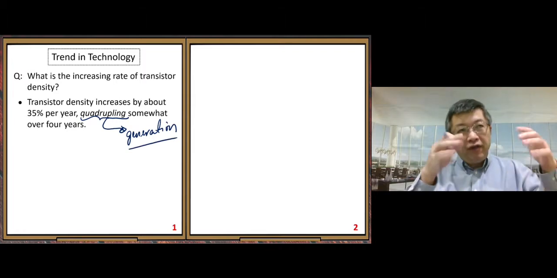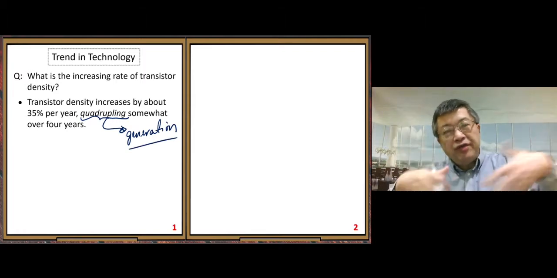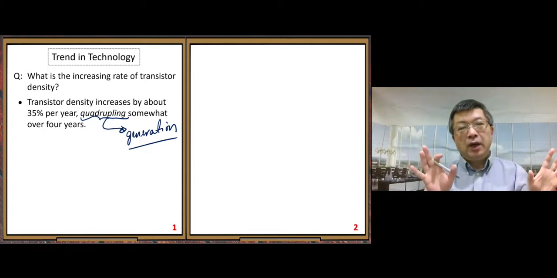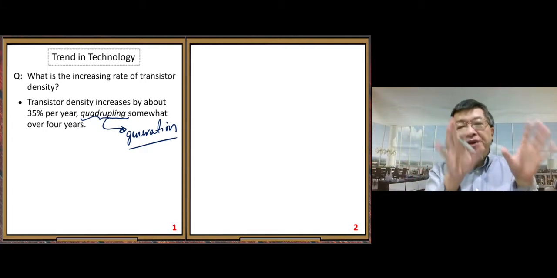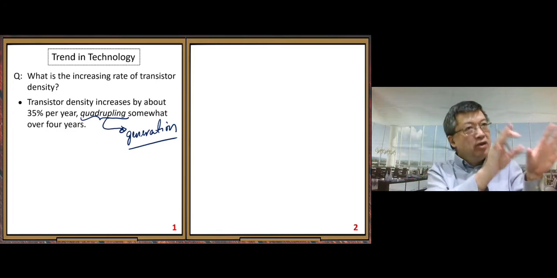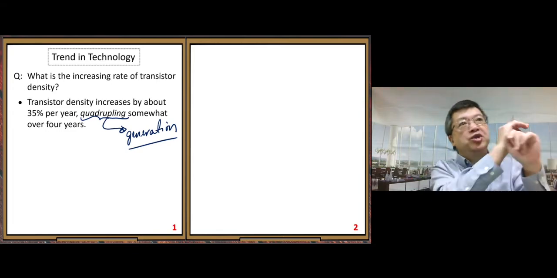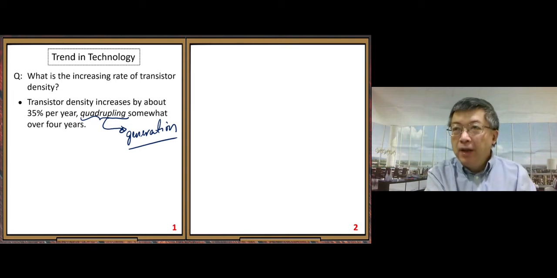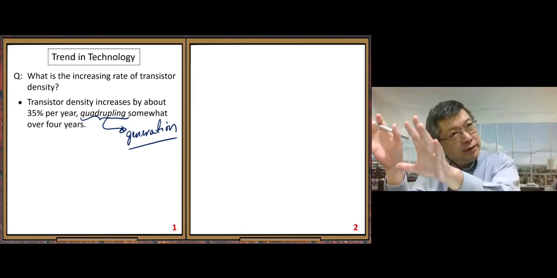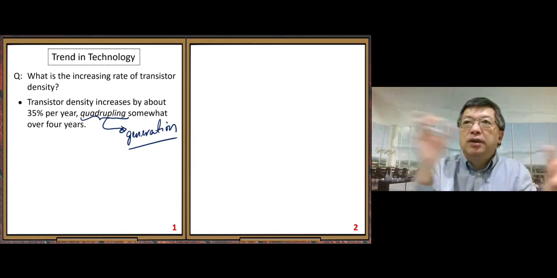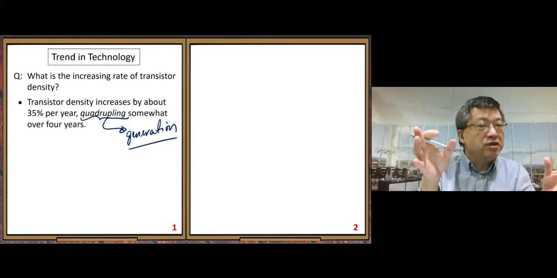The first generation, second generation, third generation. So what's the meaning? Sometimes people want to talk about the current generation of computer chips, then the next generation of computer chips. How do you define different generations?